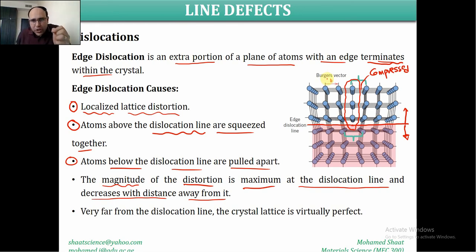So the same thing, the distortion in the lattice structure can be measured by something that we name the Burgers vector. The Burgers vector is the measure that quantifies how much distortion would result in this crystal because of the dislocation. What does measure mean? For example, a force is a measure. The velocity is a measure of how the object changes distance with time.